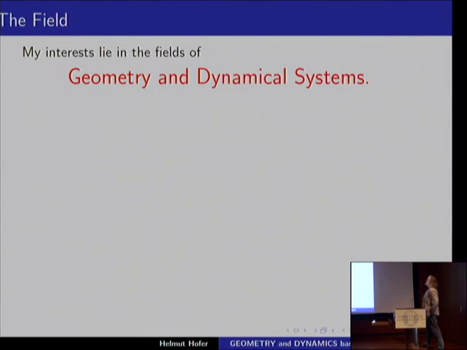So my interests lie in geometry and dynamical systems, and I use analysis to bring these two things together, but I'm not going to talk about analysis here. I will just show how for certain problems this nice interplay between dynamical systems and geometry leads to new insights.